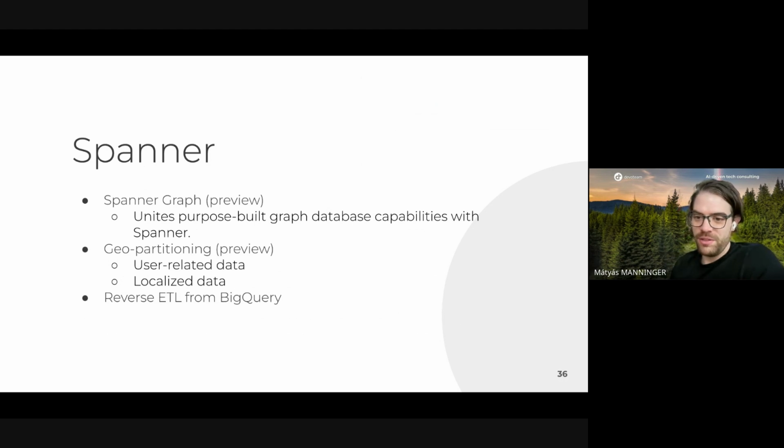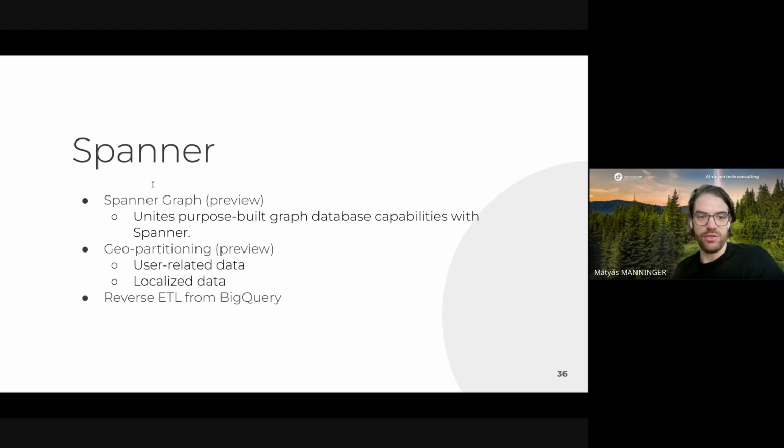Spanner, the other database solution, got some upgrades as well, like Spanner Graph. So you can store your data in Spanner and use a purpose-built graph query language to query your data as if it were in a purpose-built graph database. You also get geo-partitioning.